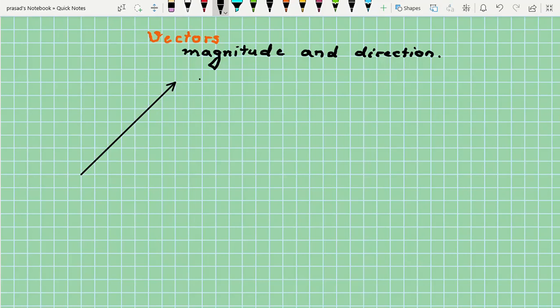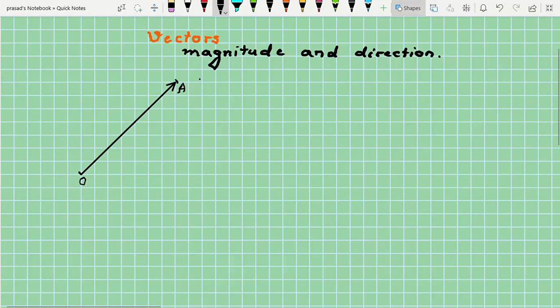The direction will be shown by an arrowhead. So the directed line segment will point in the direction in which the vector is acting. Now, in this case, O will be called the initial point of the vector and A will be called the terminal point of the vector.